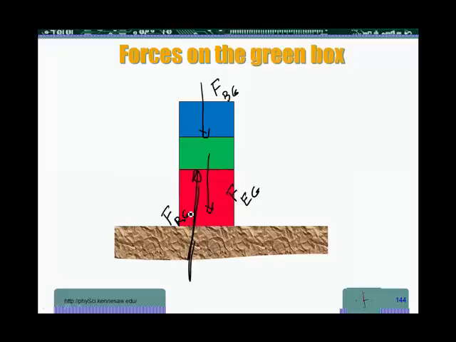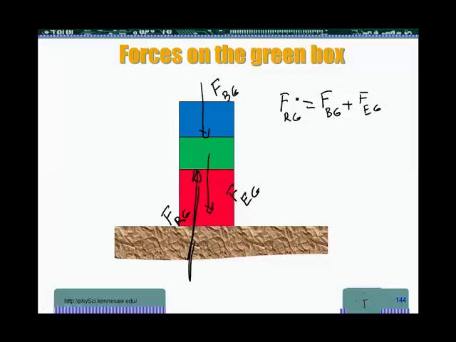Now again, since we don't see the green box moving up or down, that tells us that these forces are balanced. We have two forces pointing down and one force pointing up. So the force pointing up, FRG, should be equal to the forces pointing down, FBG, plus FEG.